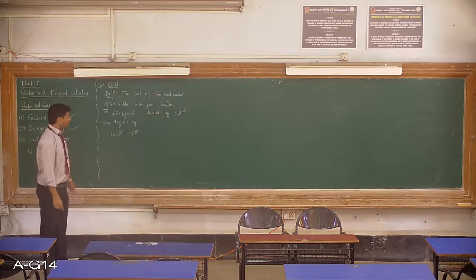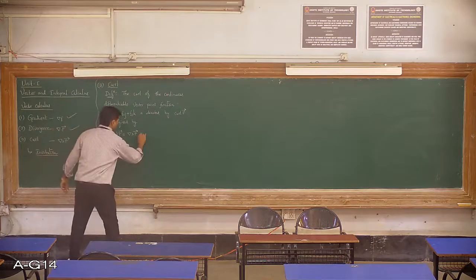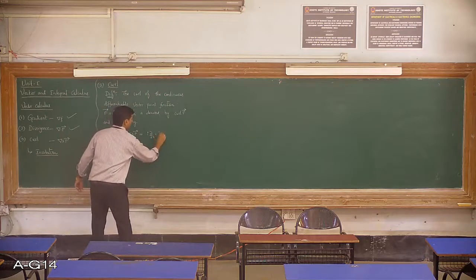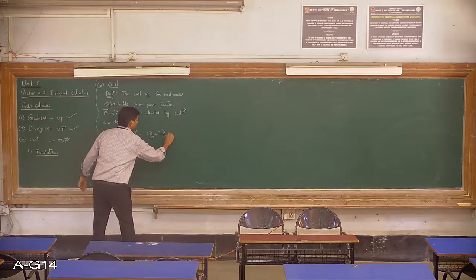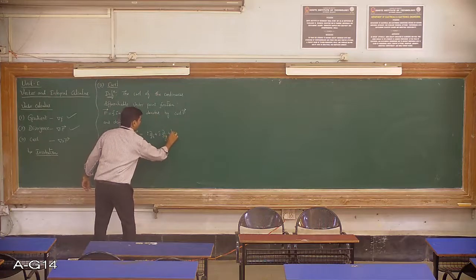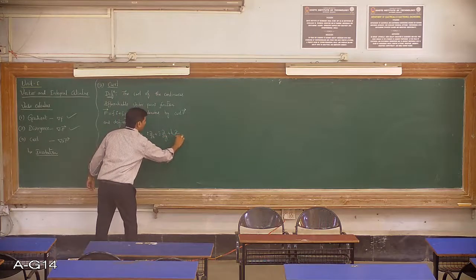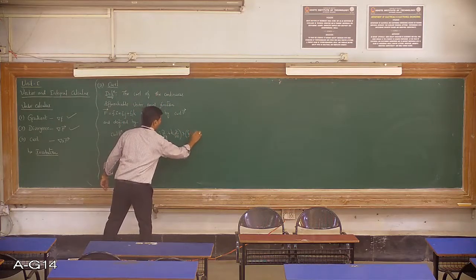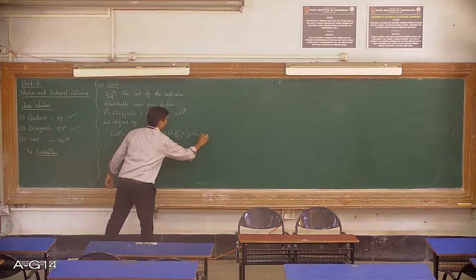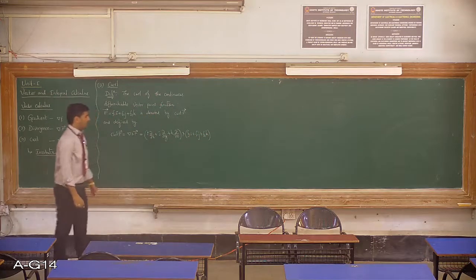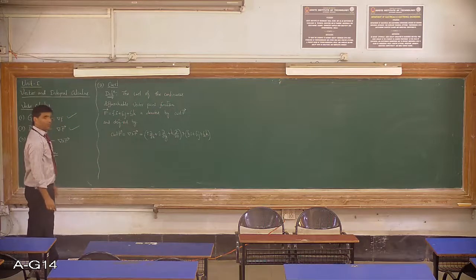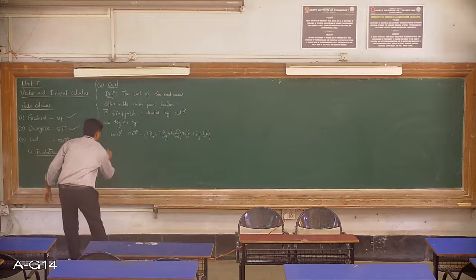Okay, this is del cross f. That means del is nothing but, how will I write del? That is i dou by dou x plus j dou by dou y plus k dou by dou z, cross f1 i plus f2 j plus f3 k. So now you know about the cross product of two vectors. So how will we write?